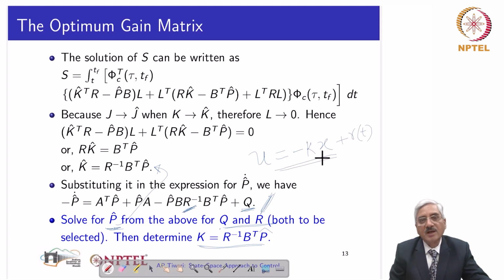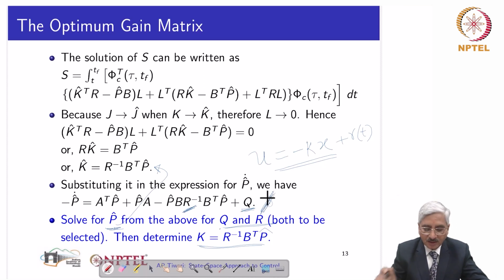This is the control law we wanted, and what we are seeing is that we selected one integral performance index, which is a combination of cost function of state and cost function of input, x transpose Qx plus u transpose Ru. Q and R are to be specified. Then we get the matrix Riccati equation.